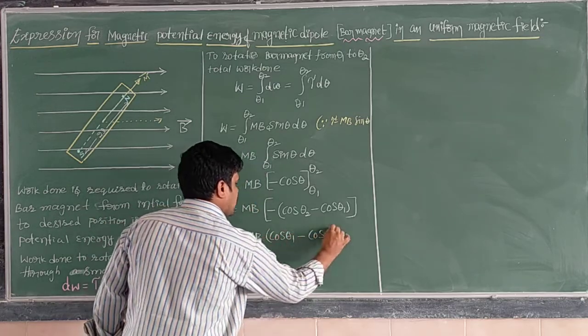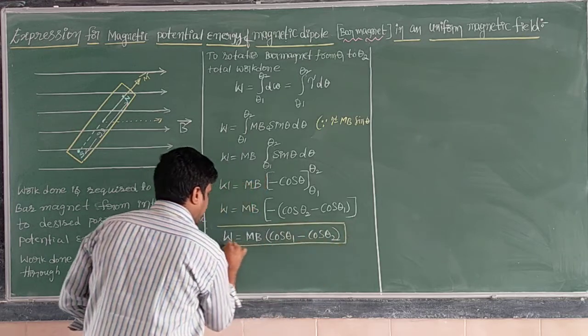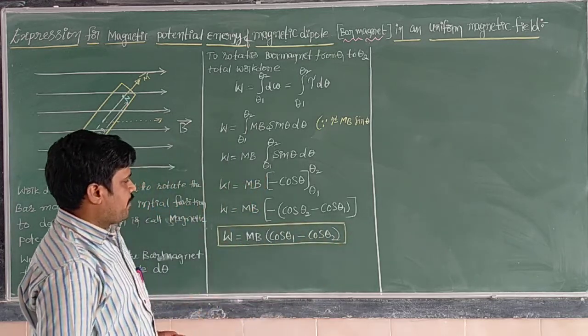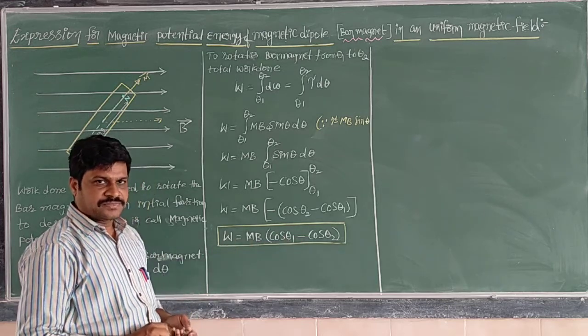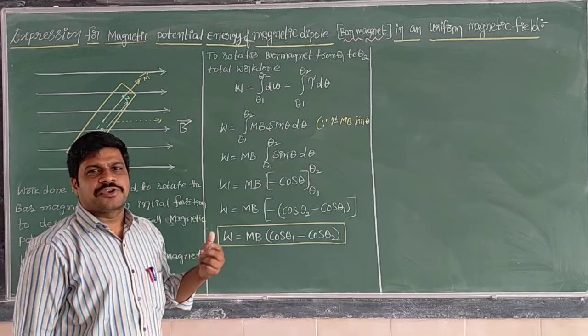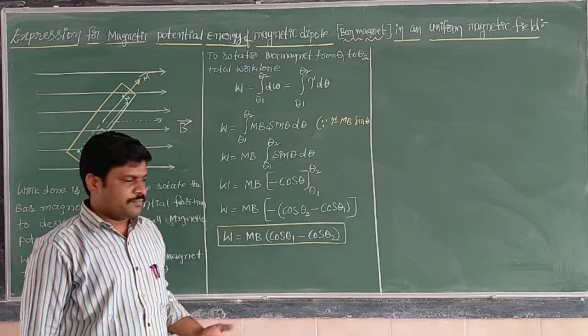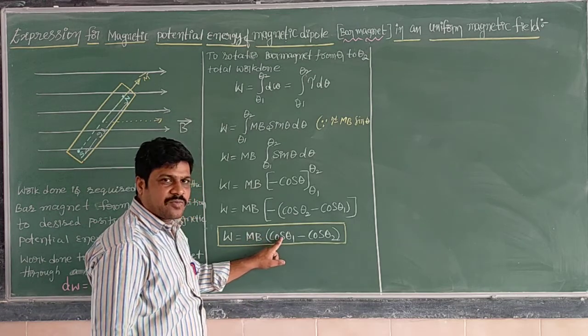Now this is one of the formulas for work done to rotate the bar magnet from an angle theta 1 to theta 2. Here, what is the potential energy definition? The amount of work done required to rotate the bar magnet from its initial position to the desired position. At the initial position, potential energy is 0. Potential energy is 0 means this complete term must be equal to 0.